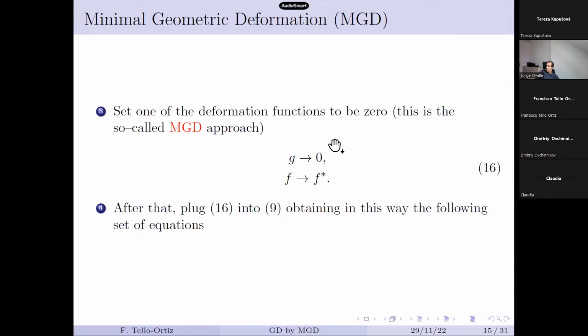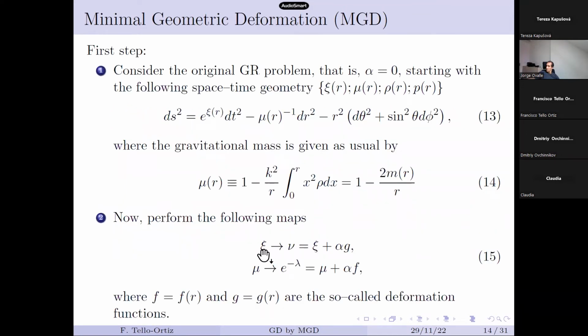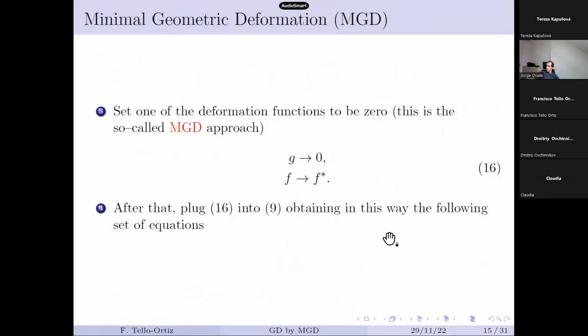In this case, as you can see here, I'm setting g to be 0. It means that the temporal component remains unchanged, okay? Remains being the same, but I'm modifying the radial metric component.